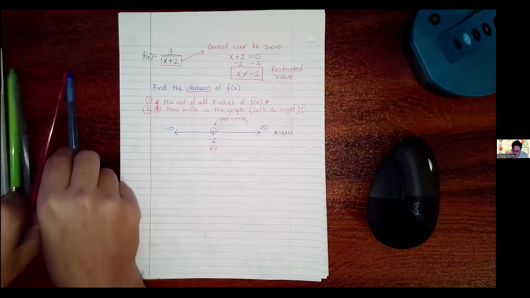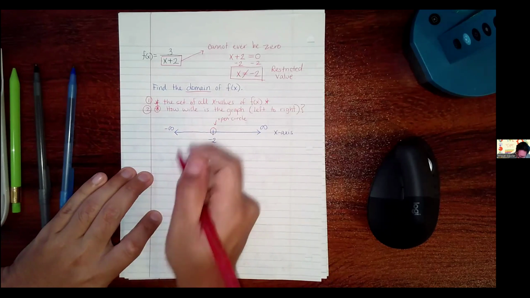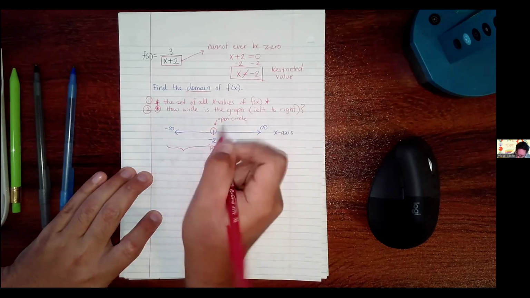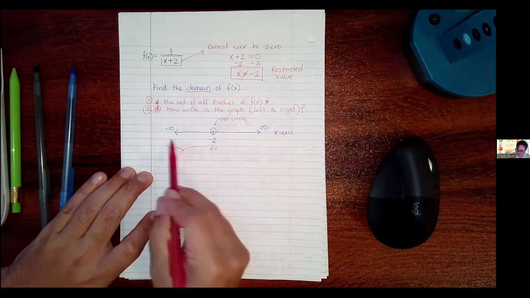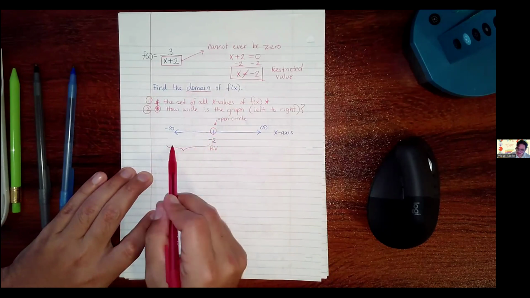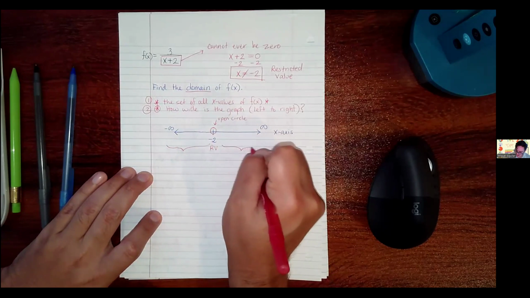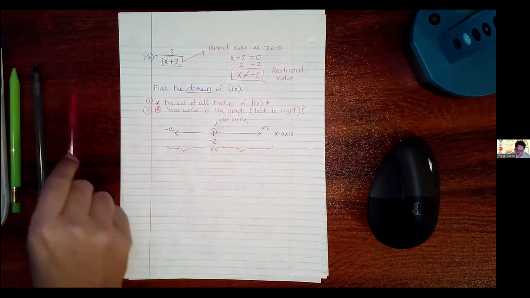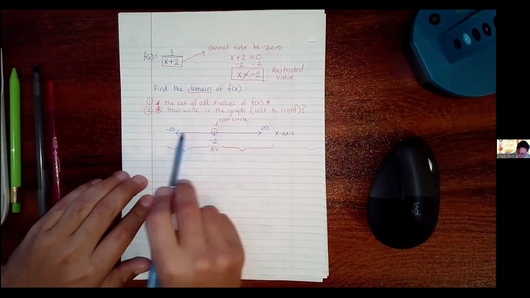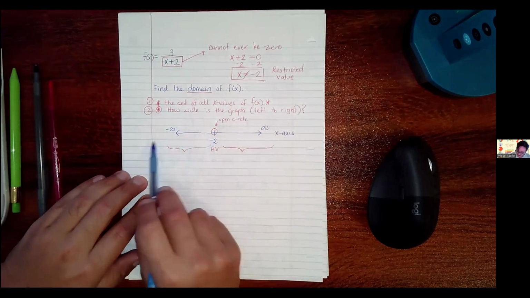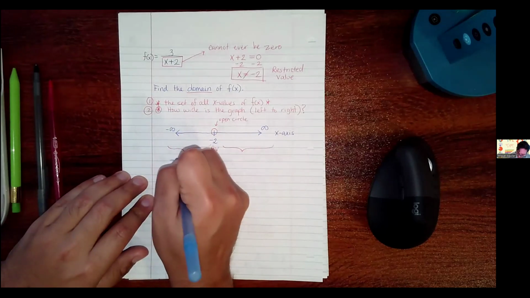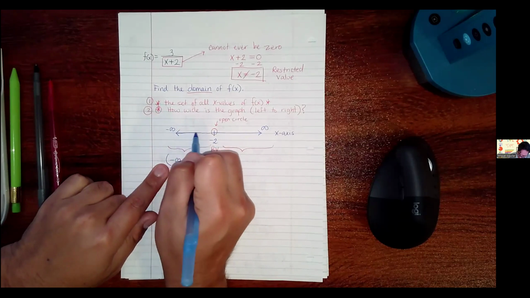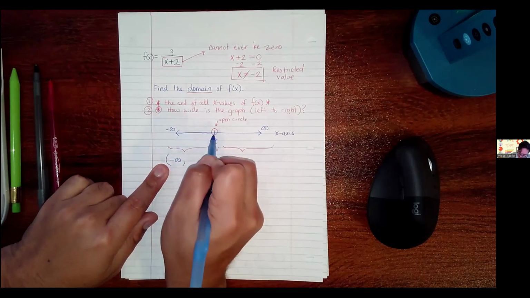So I want you to think about it this way. You have now cut the number line. You've now cut the domain into 2 sections. And so we need to take account of what is the section over here on the left and what is the section over here on the right. Well, if we cut the number line into these 2 pieces, this side of the number line from left to right starts at -infinity, and then it goes all the way to our restricted value, but then it stops, right?